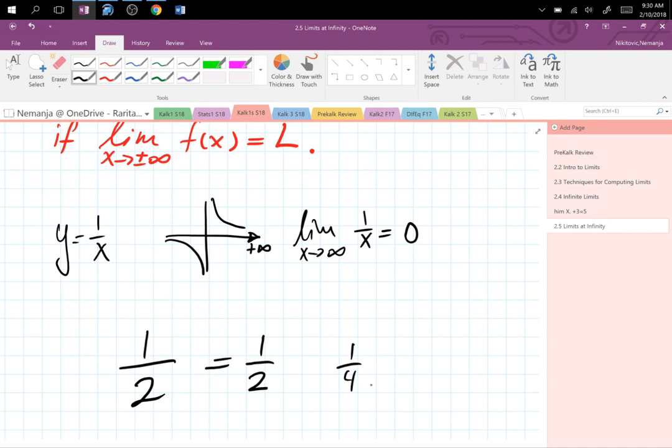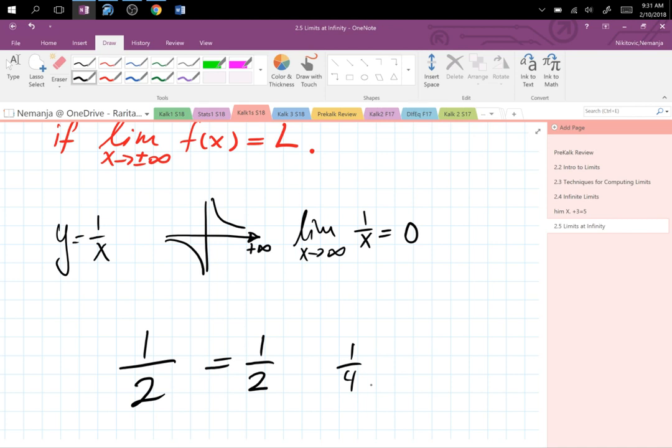Pay attention to it. It goes to 0. So the answer is 0 only when you are at infinity. So we are going to say that the limit of 1 over x, as x goes to infinity, is equal to 0.